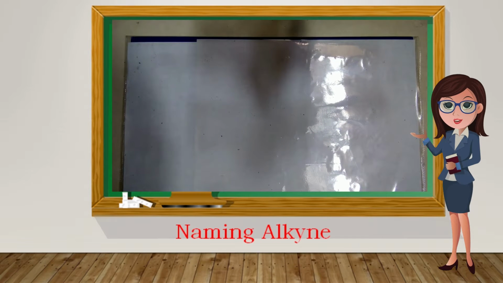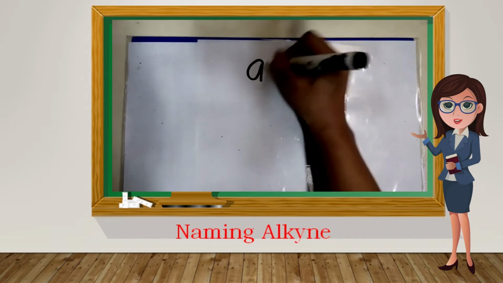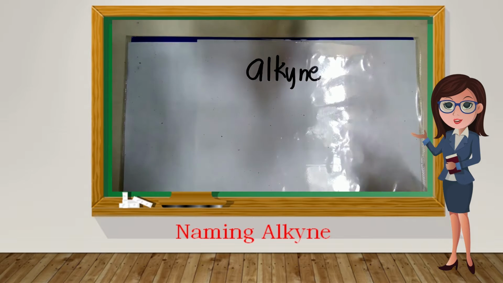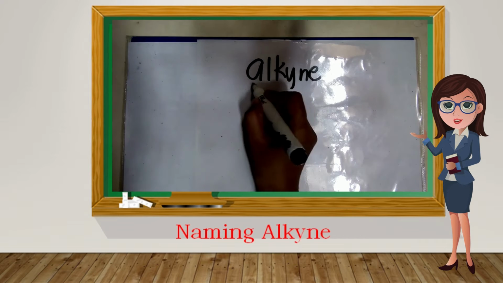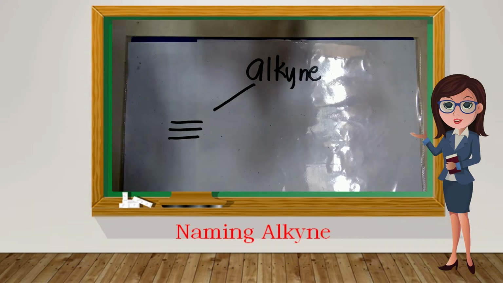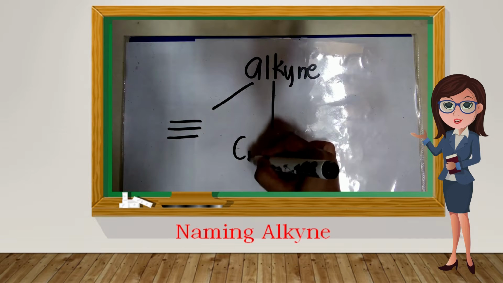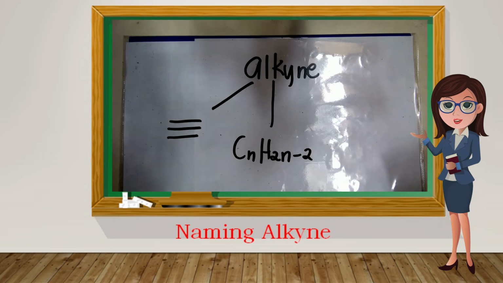Okay, so in this video, we're going to discuss alkynes. So what is an alkyne? Alkynes are hydrocarbons containing at least one triple bond, with a general formula of CnH2n minus 2.